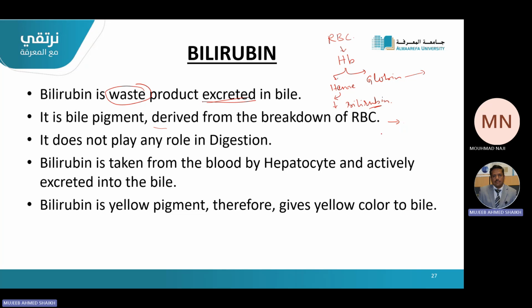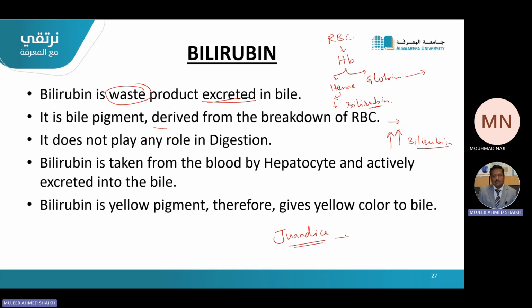If liver cells are not functioning properly, what will happen? Bilirubin will remain in the body and its concentration will increase. As bilirubin is a yellow pigment, it is also known as a bile pigment. If it increases in our body, the body color or the mucosal surfaces will become yellow in color. This is known as jaundice.